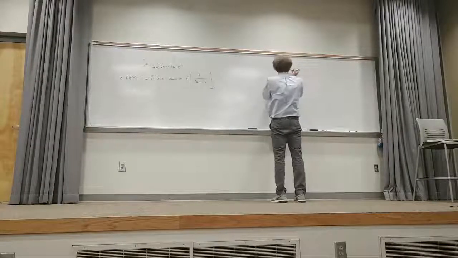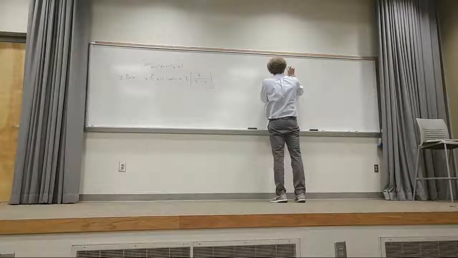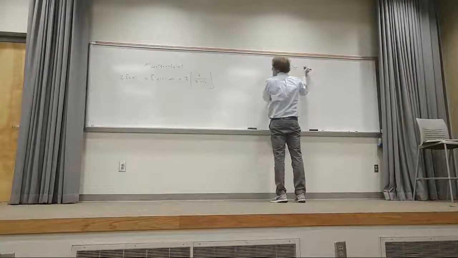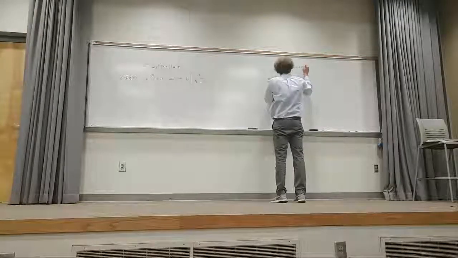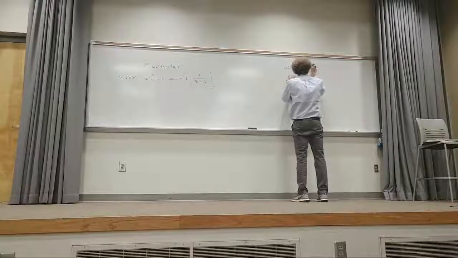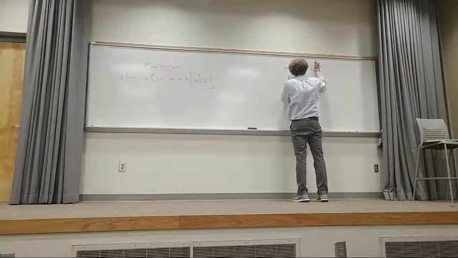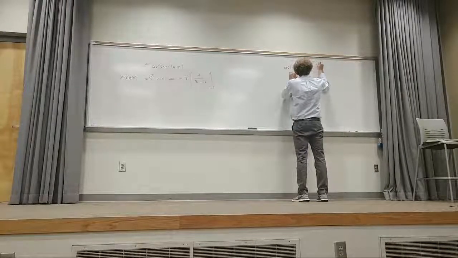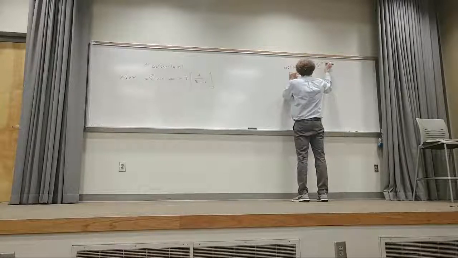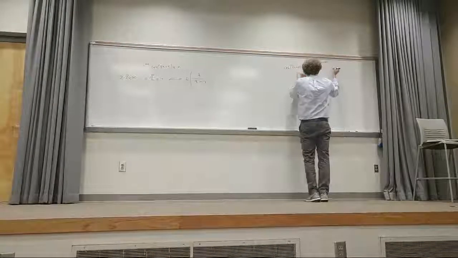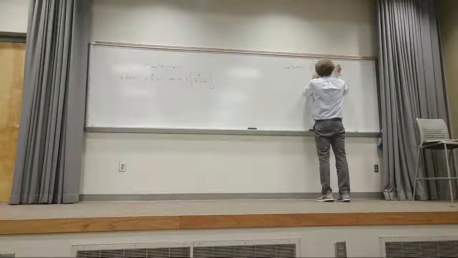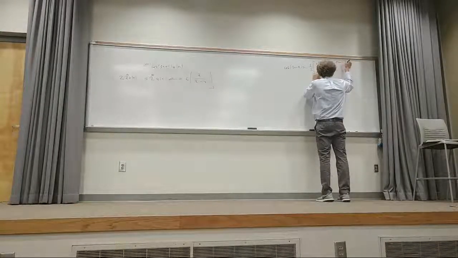If I take a look at cosine of 3n plus 4, that's equal to 1/2, right, times e to the j quantity 3n plus 4 plus e to the minus j quantity 3n plus 4.